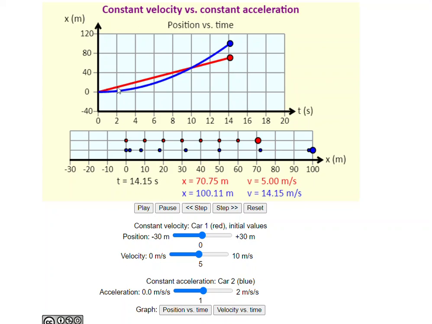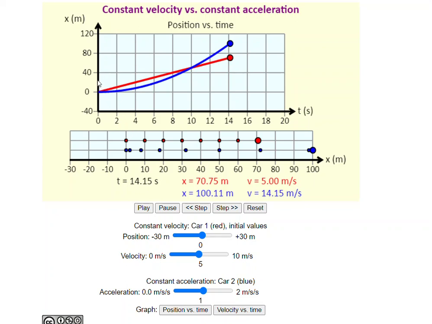After 2 seconds, it's gone 10 meters. After 3 seconds, it's gone 15 meters. After 4 seconds, it's gone 20 meters. And you see that the line is linear because it goes the same distance every instant in time.